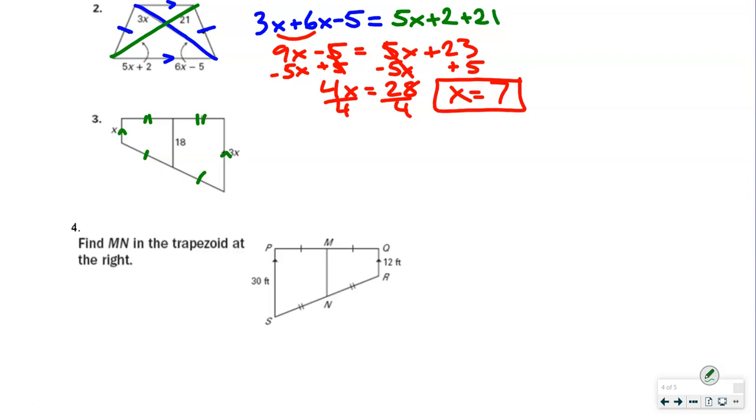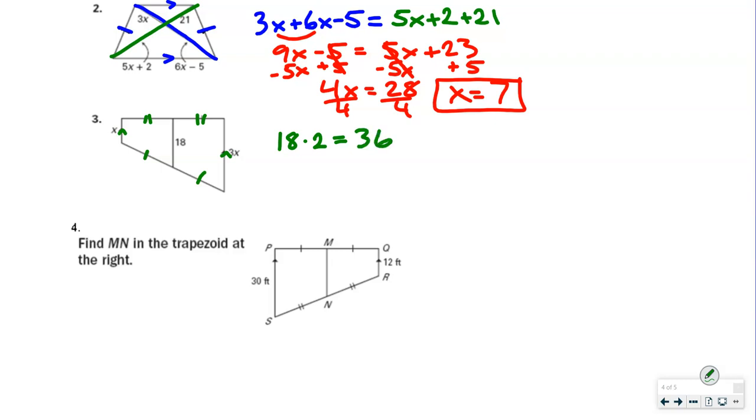Our midsegment is half of our bases added together. So I know that our bases added together need to equal 18 times 2. I need to double my midsegment, which gives me 36.